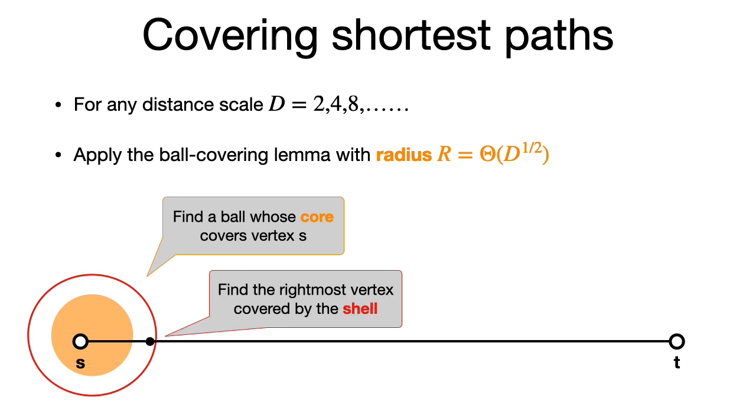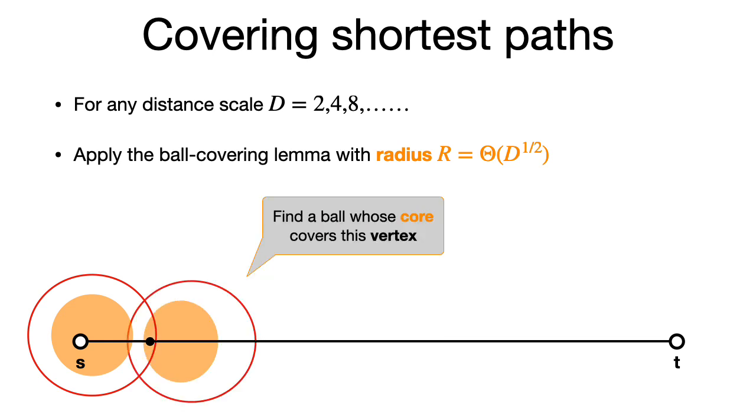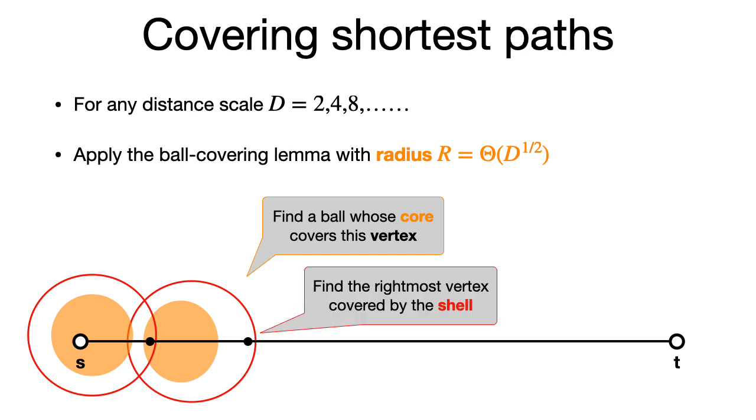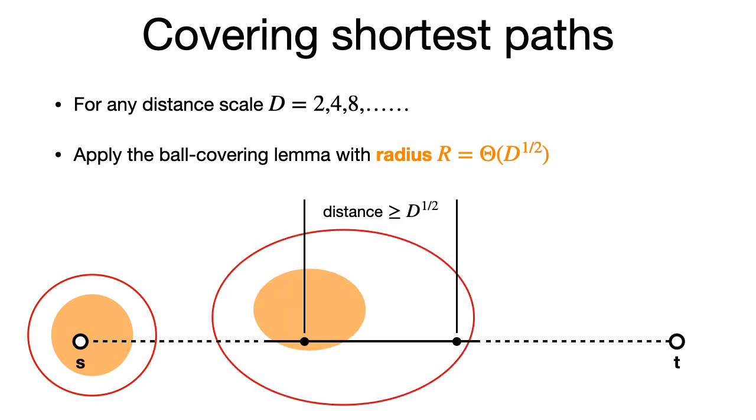Then, find the rightmost vertex inside the shell along the shortest path. Next, find a core that covers this rightmost vertex. After that, again, find the rightmost vertex within the shell, and so on. In general, we find a core that covers the previous black vertex, and then move on to the rightmost vertex on the shortest path, still inside the shell.